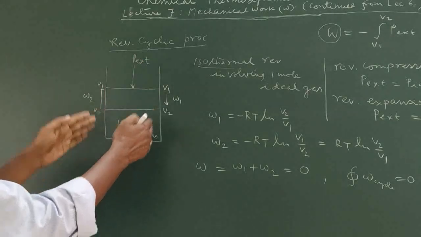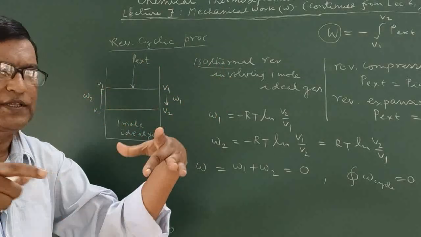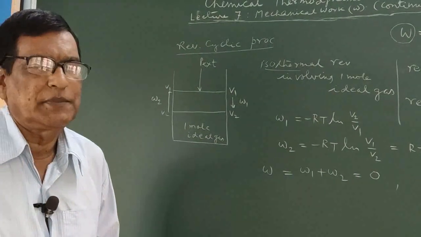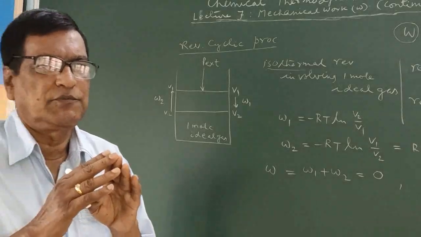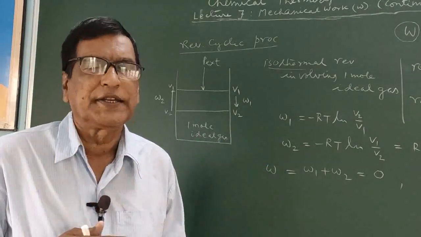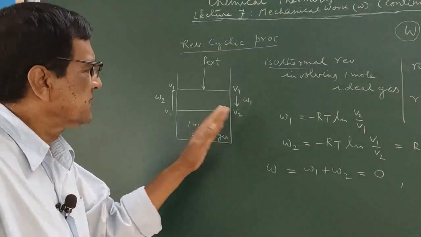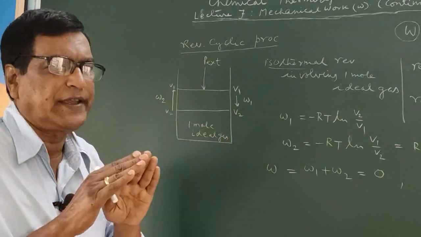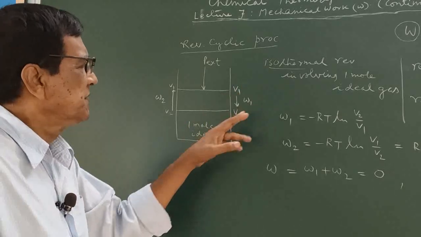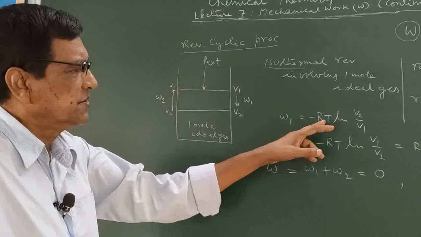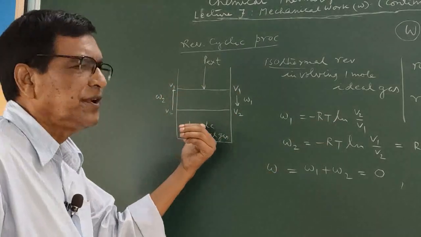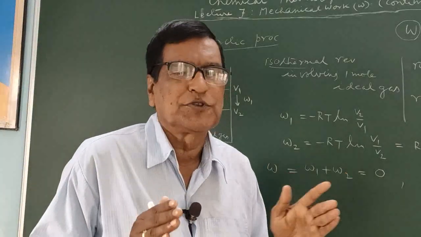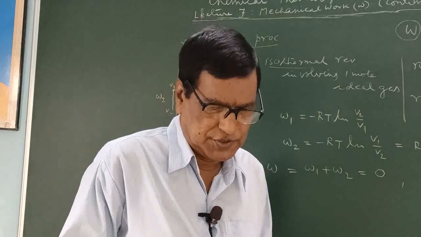Whenever this is an isothermal process, one thing I can say, the walls are diathermal walls, means fully heat conducting, and heat is freely exchanged between system and surroundings to keep the temperature fixed. Or we can do it in a thermostat of fixed temperature.